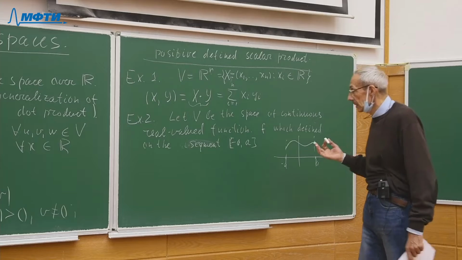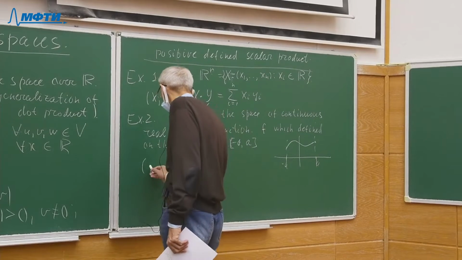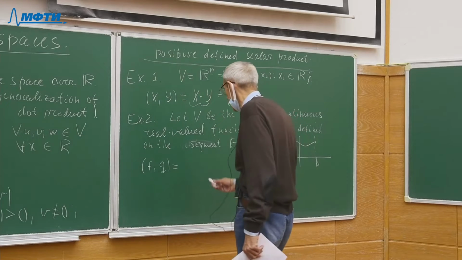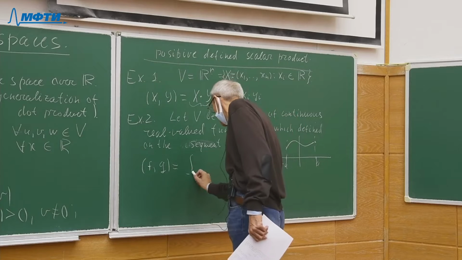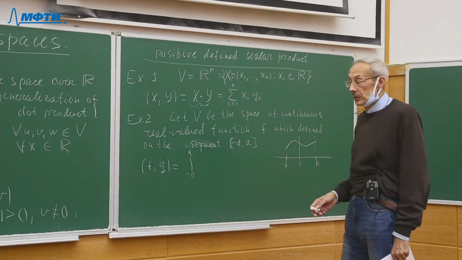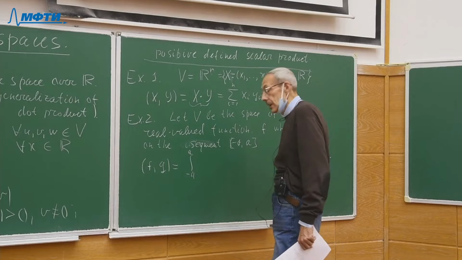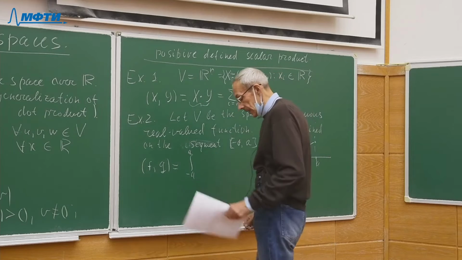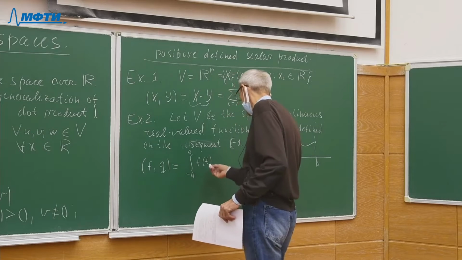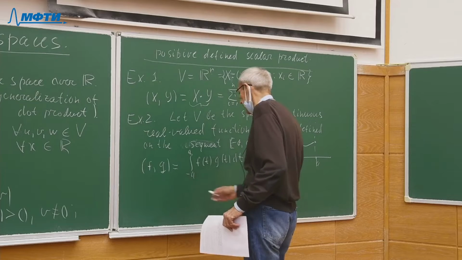We can define the scalar product by the following formula: the integral, with the boundaries of integration being the endpoints of this segment, of f(t) g(t) dt.